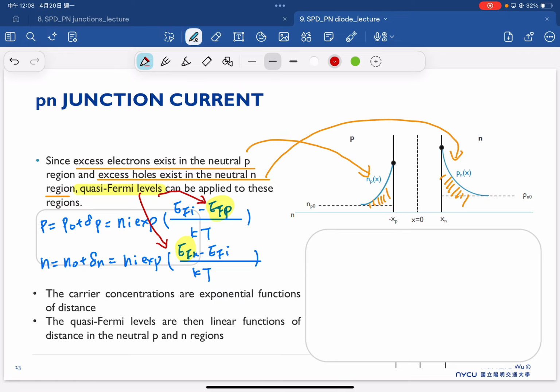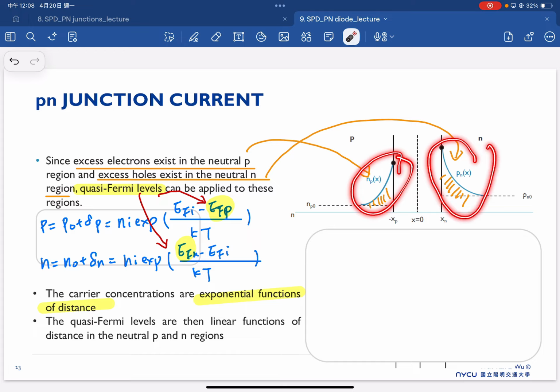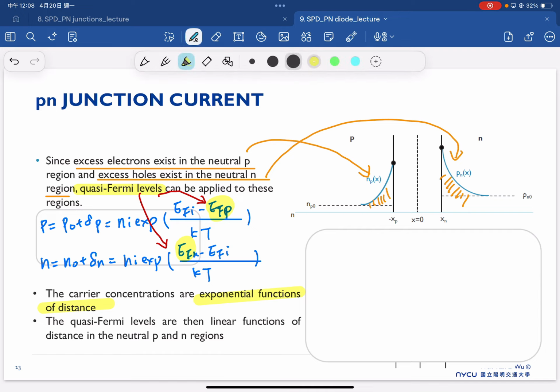Because the carrier concentrations are exponential functions of the distance, in the band diagram in the end it will become a linear function of the distance in the neutral P and N regions. So if you try to plot this, you will see EFp and EFn.